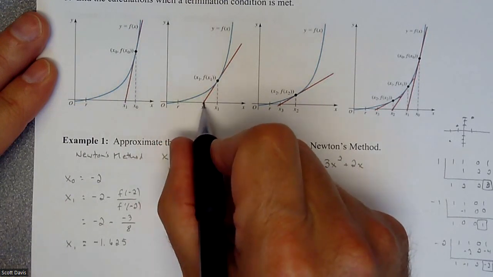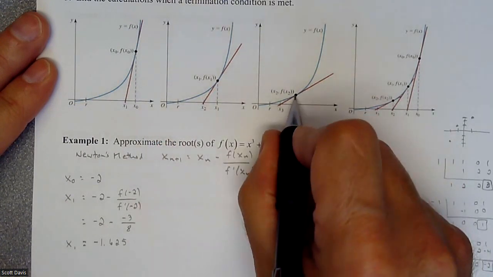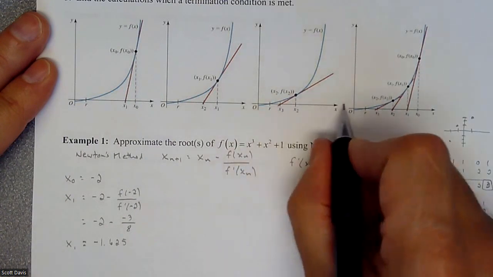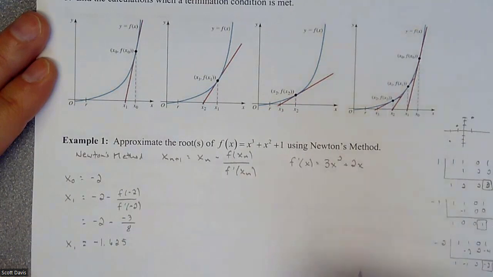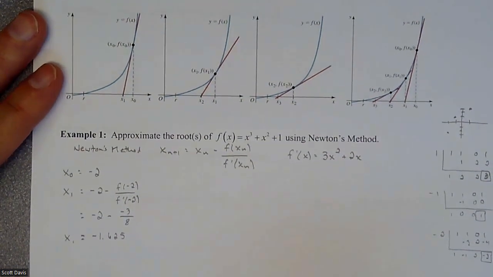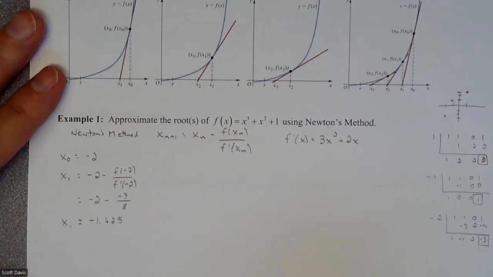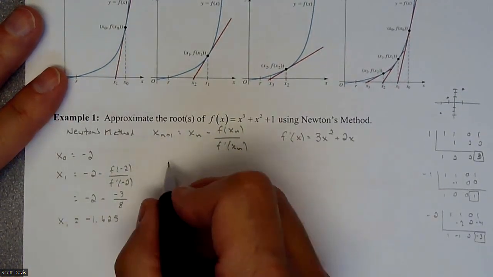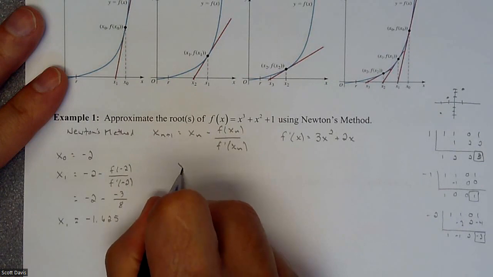We take that x value, plug it in, it creates a tangent line, and we get another x value. We get closer and closer to our actual x-intercept. We're going to do a whole bunch of iterations on this, and we're going to stop doing this by hand. We're going to show you how we can do this with a calculator.